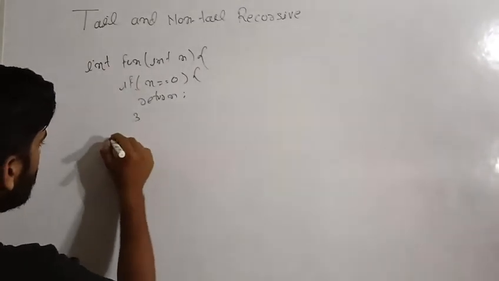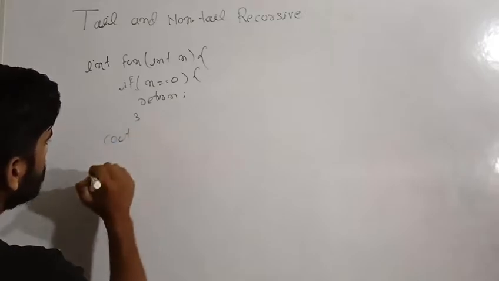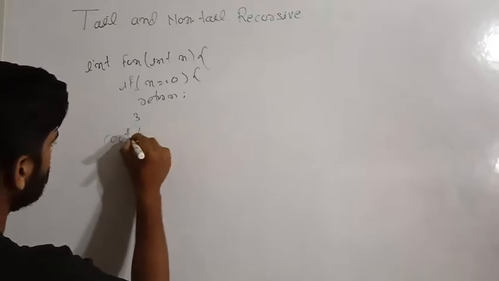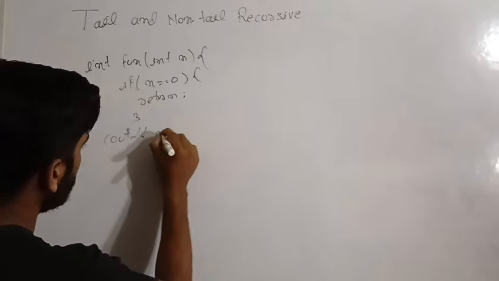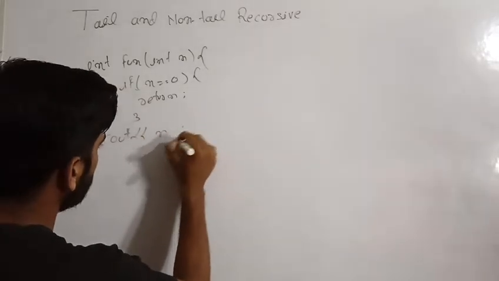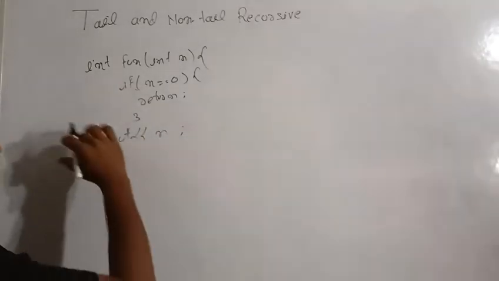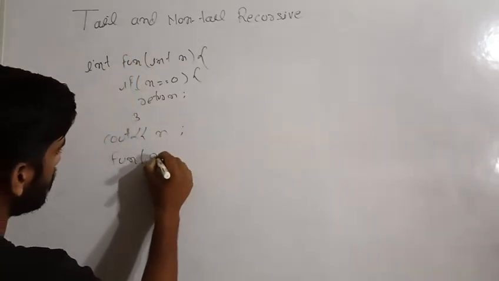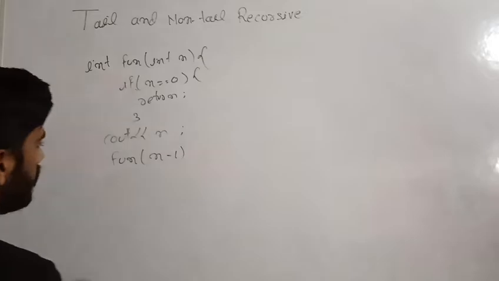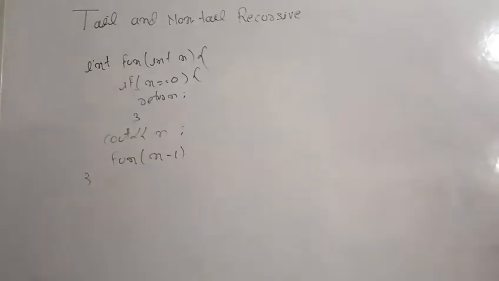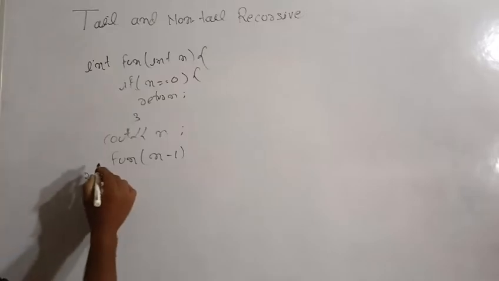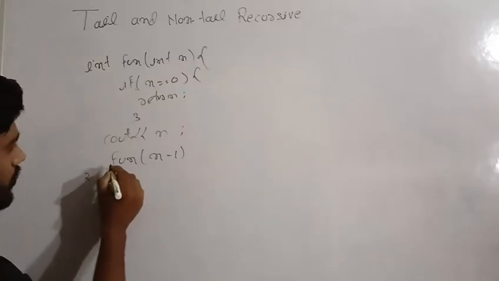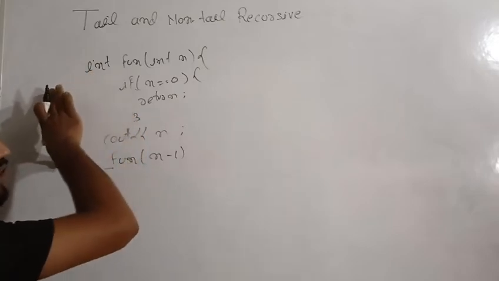Now what can I do here? I will print n. Now I will call this function again, func of n minus 1, and this is done. In this definition, we see it is the last thing done in the recursive function.